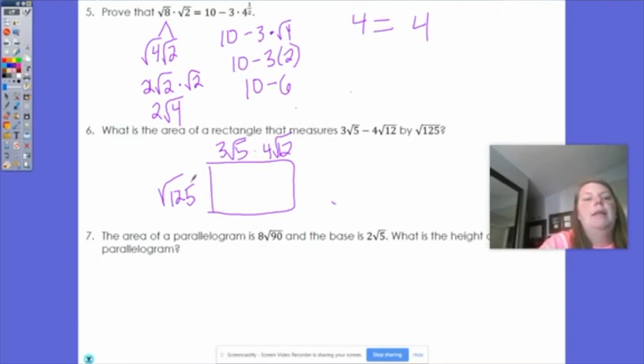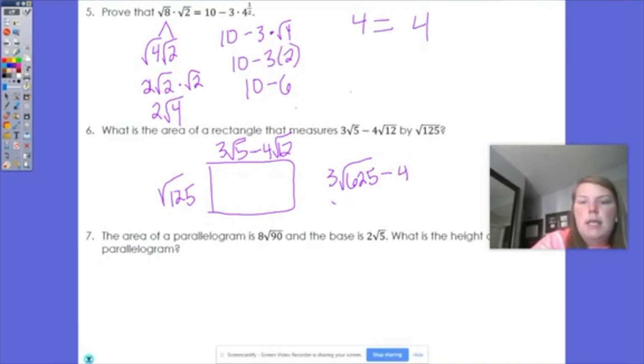So I'm going to go ahead and multiply this square root of 125 by both of those items. So 5 times 125 is 625, minus 4 times 12 times 125. Sorry, I'm checking. Is 1,500. Square root of 625 is actually a perfect square.